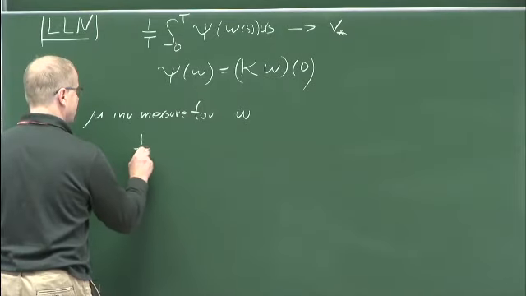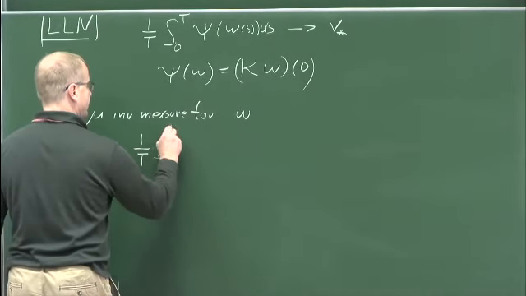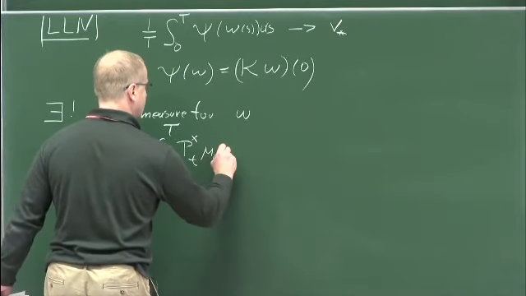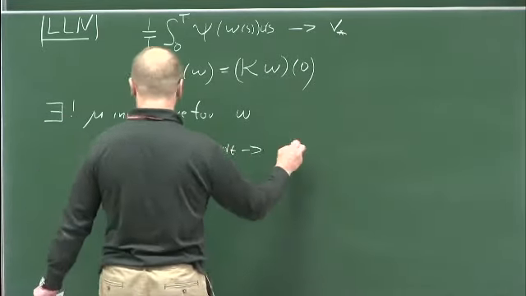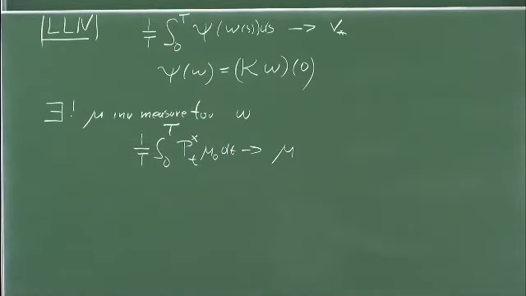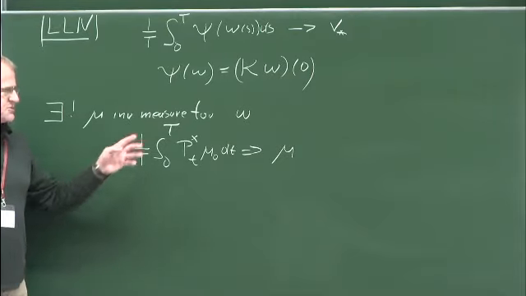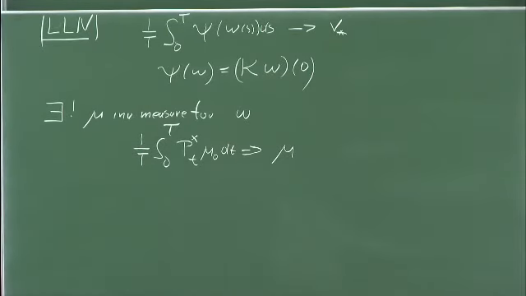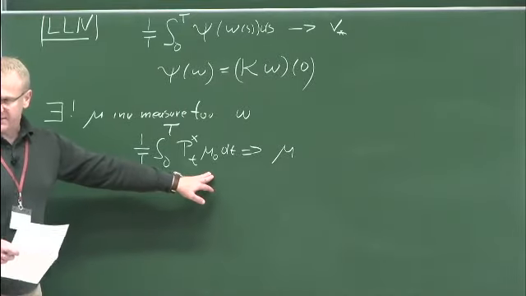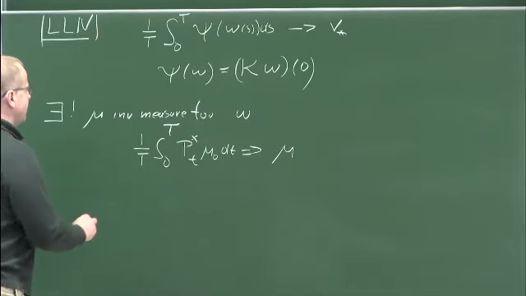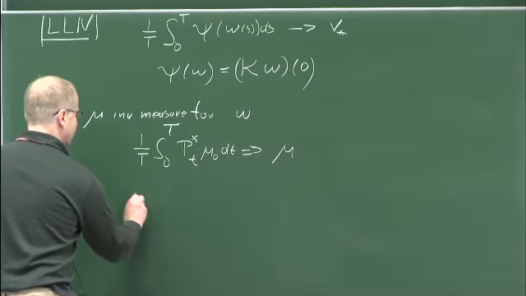So I need something like this: mu naught t converges to mu, weakly. That's something which is in our range to prove. Yes, we have to start with this. Okay, so let's assume that we have this, and see how this will work. So I think that with this we will get this.